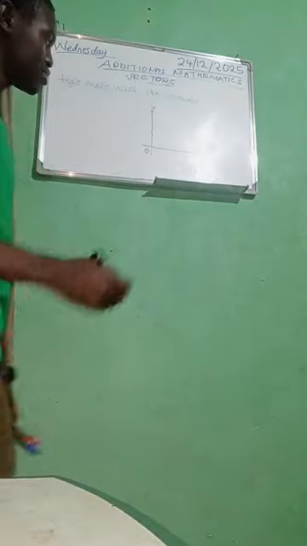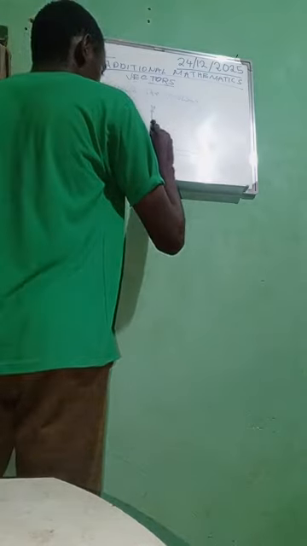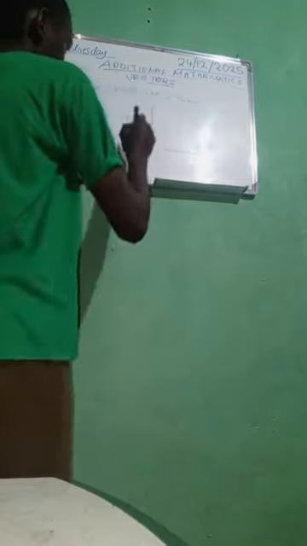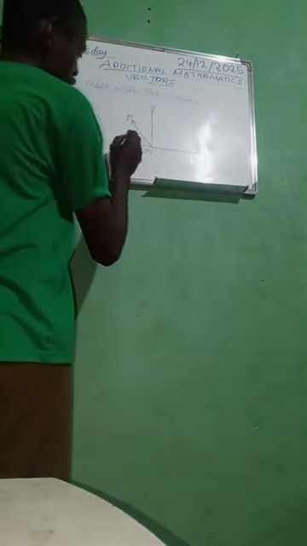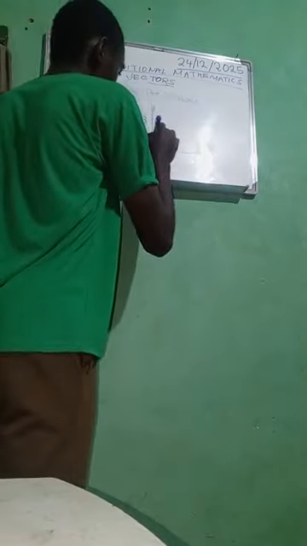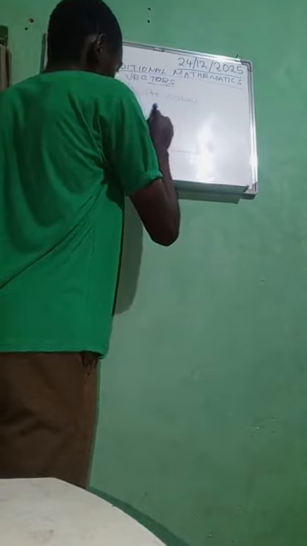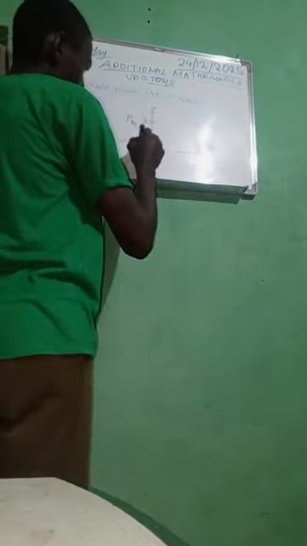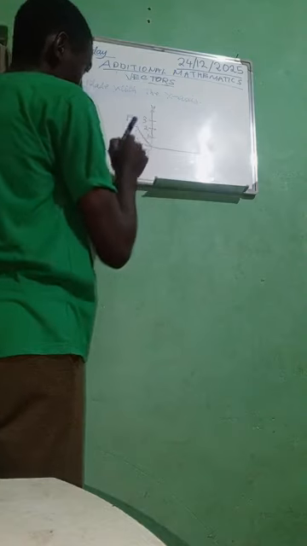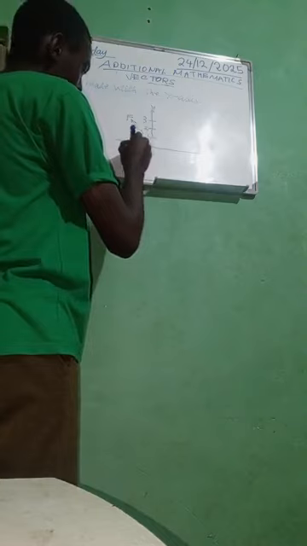We can have a vector that is going up like that to a certain point F. Upon extending it to a certain point F, here we can say this is 1, this is 2, that is 3. Then this is 1, this is 2. Negative 1, negative 2.